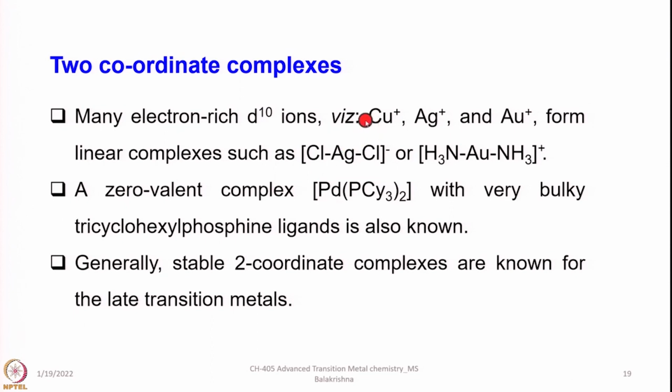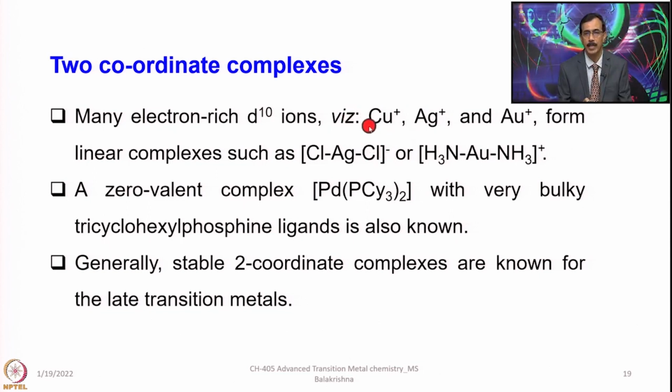Copper is 3d9 4s2, and if one electron is promoted, it would have 3d10 4s1, and if you remove that electron to make the monocation, then we will have d10 electron configuration. Similarly, silver plus and gold plus, all these 3 have d10 electronic configuration, and they prefer a geometry with coordination number 2, for example AgCl2 minus, and a zero valent complex having 2 coordination with palladium.